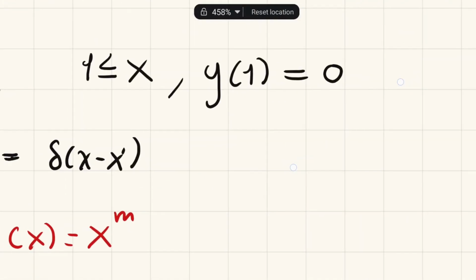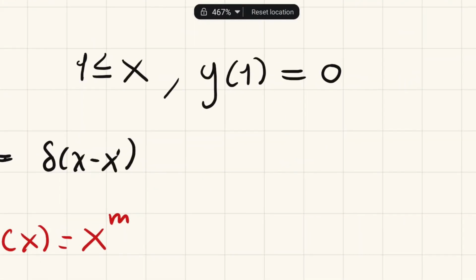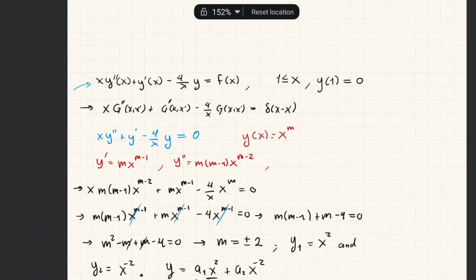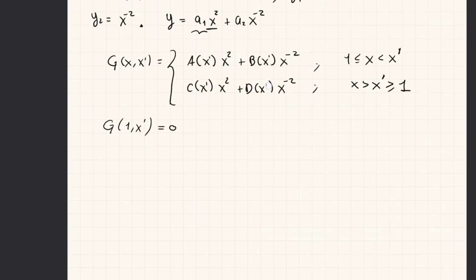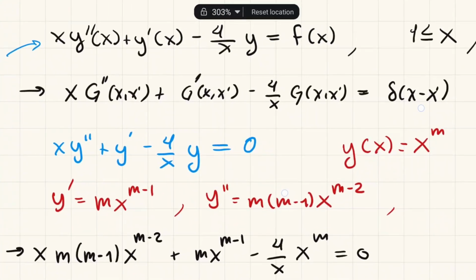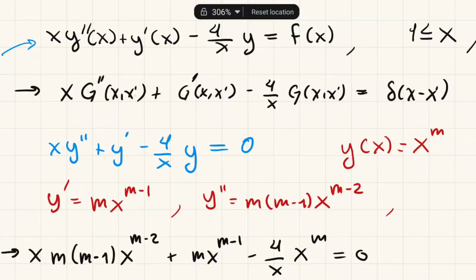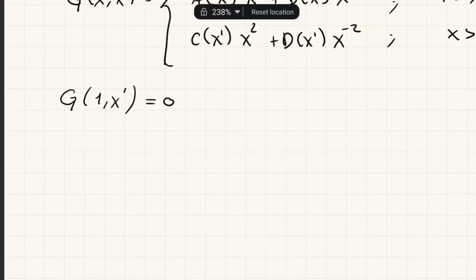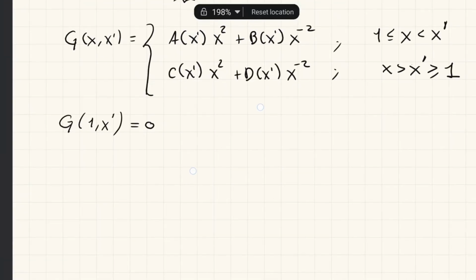If y satisfies the boundary condition, then it is necessary for the Green function to satisfy exactly the same condition, because we see from this equation that the Green function also satisfies the structure of the differential equation. So the Green function evaluated at x equals 1 should be equal to 0, right?